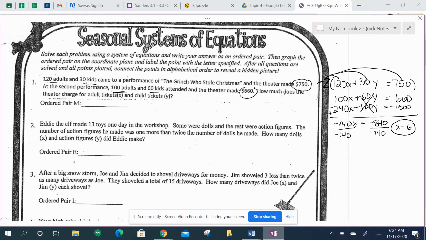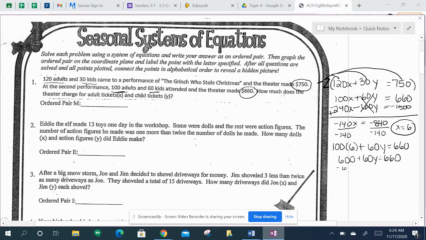Now I need to go ahead and figure out what child ticket costs, and so I'm going to plug that x into one of the two equations, and it really doesn't matter which one, whichever one you think looks easiest. In my opinion, the second equation looks easiest, so I'm going to take 100 times 6, because that's what x equals, plus 60y is equal to 660. 100 times 6 is 600, plus 60y is equal to 660.